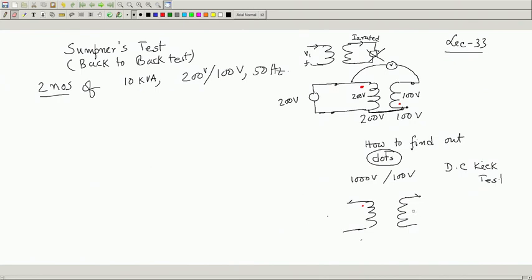What do you do? You connect a switch here, much simpler than this. You take a DC source, battery say, and here you connect a zero centered moving coil voltmeter, MC voltmeter.